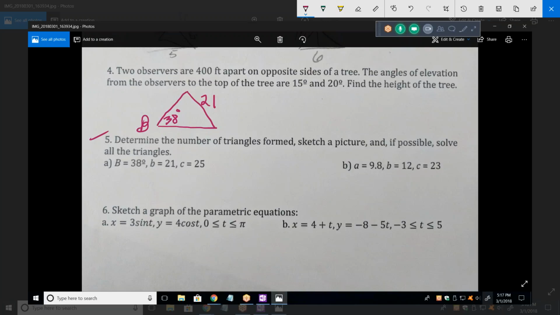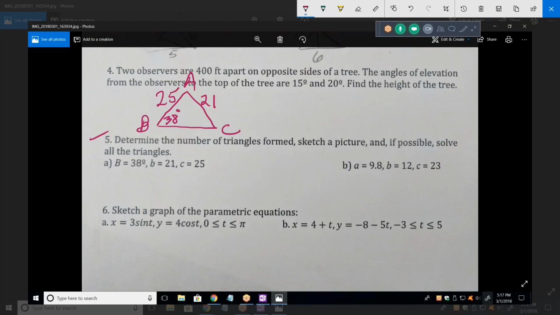C is 25, so we'll make that 25. We'll call that C, and we'll call that A. So let's use the law of sines to solve this. First thing, solve for angle C, because if it's going to be an ambiguous one, that's the first one you want to solve for, always this third angle here.